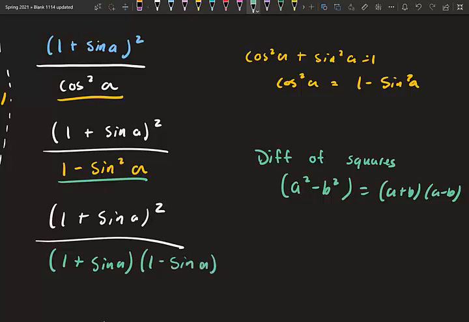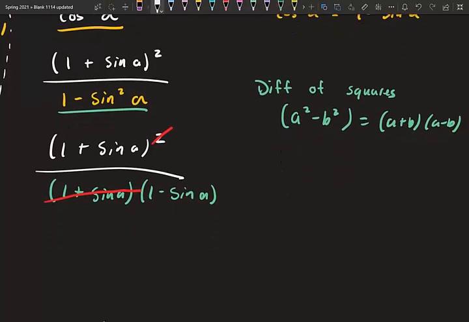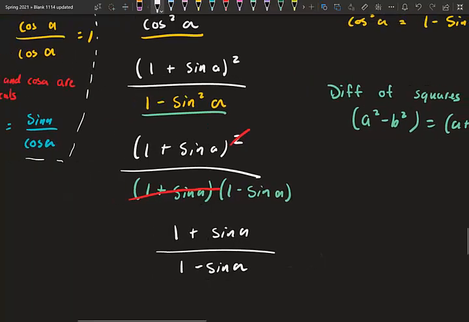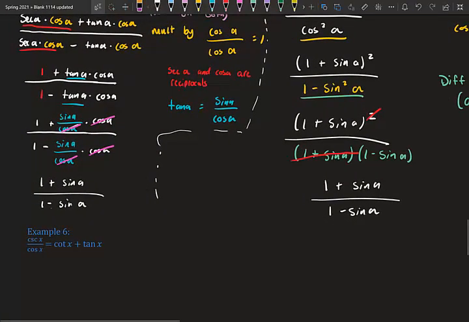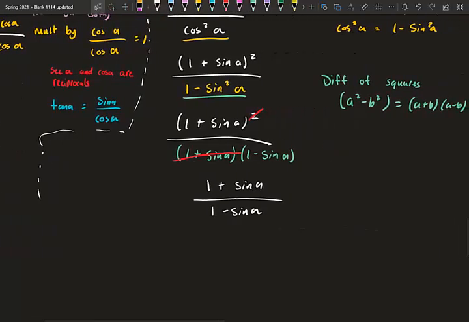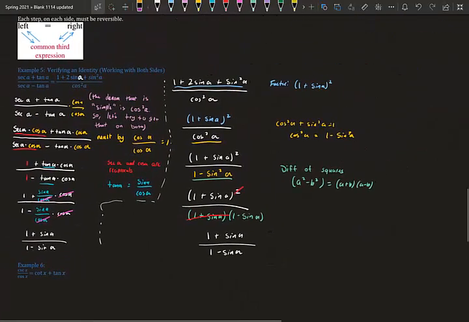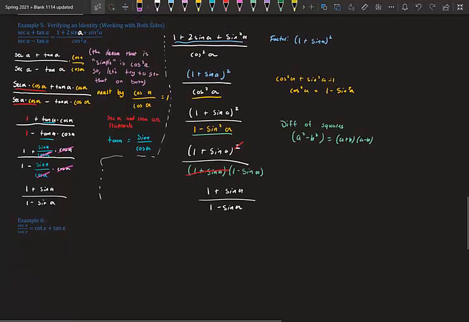Now we have 1 plus sine a's on the top, and then we have 1 plus sine a on the bottom. So we can cancel out one of them. So what we're left with is 1 plus sine a over 1 minus sine a. That's it. We got them. They're both the same now. So how we would write our answer, because literally all of it is our answer, but there is a right way to write this because we found equivalence.